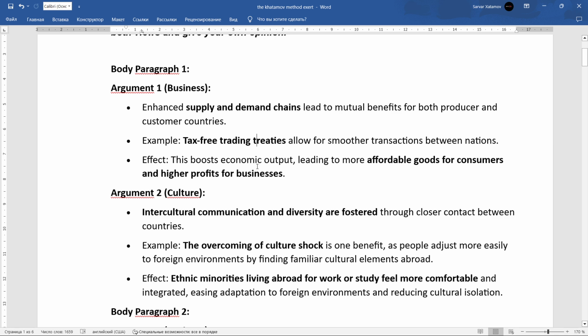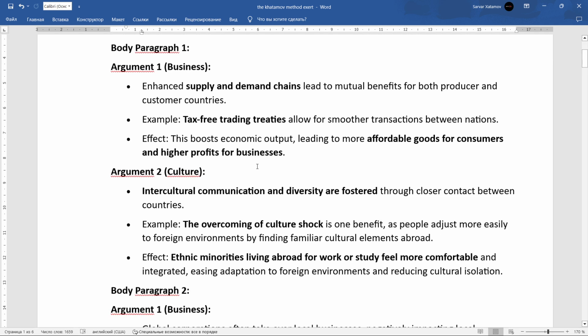So examiners are clearly going to notice this, and you will give a hint to the examiner that this is written by someone who knows a thing or two about writing, who is coming from a solid background in terms of linguistics. The effect: this boosts economic output, leading to more affordable goods for consumers and higher profits for businesses.